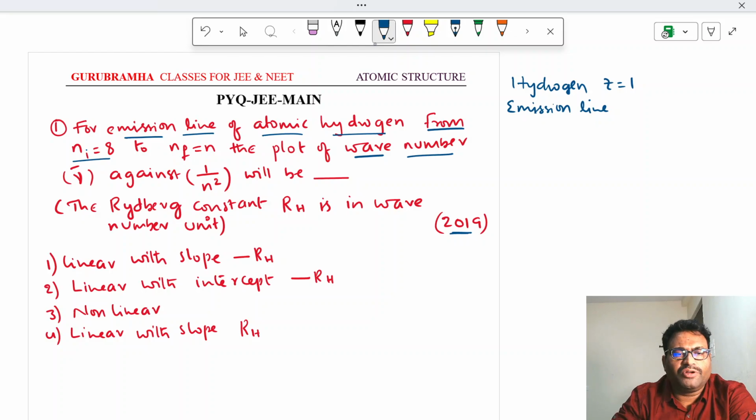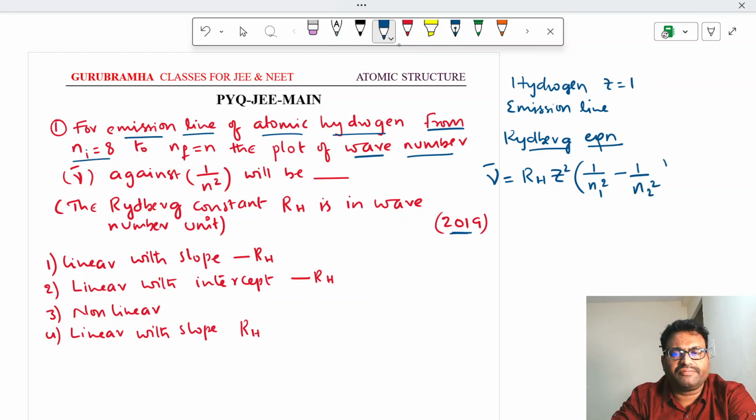So according to the Rydberg equation, or Rydberg formula, what we have discussed, wave number is equal to RH into Z square into 1 by n1 square minus 1 by n2 square.